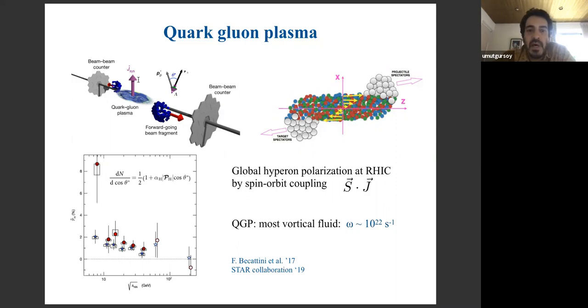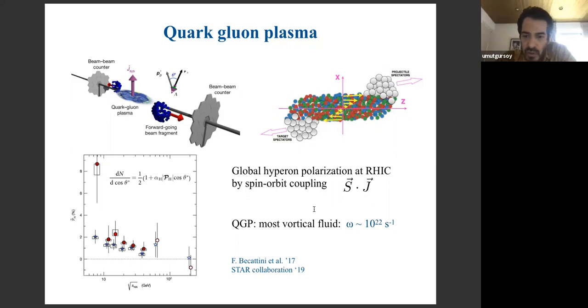The angular momentum of the quark-gluon plasma is in some way translated into the angular momentum of the produced hyperons, so the spin-orbit coupling aligns their spins with the global angular momentum.